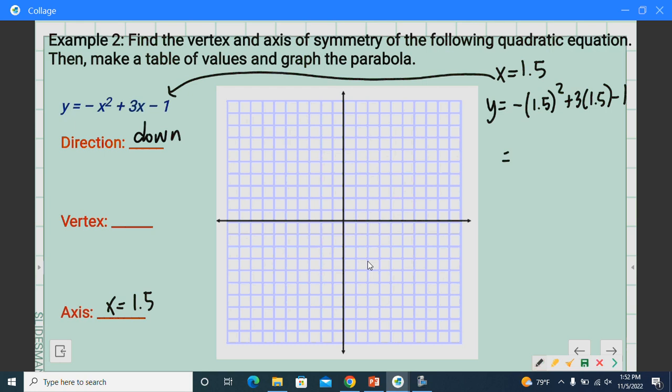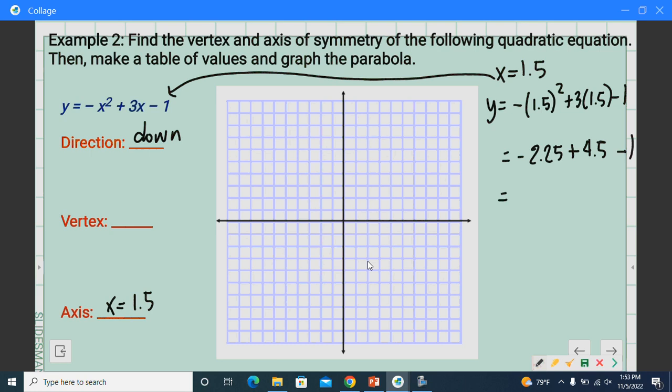Alright, so we have there negative, and then 1.5 times 1.5, that will give us 2.25, plus 3 times 1.5, like this, 4.5.